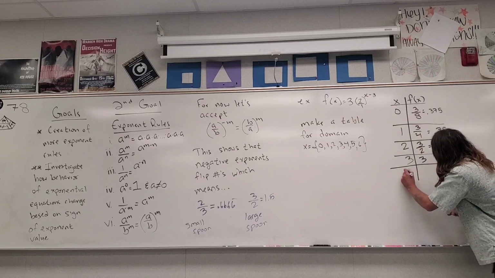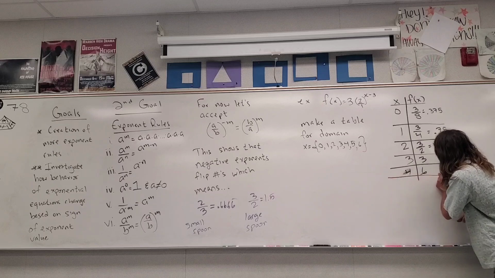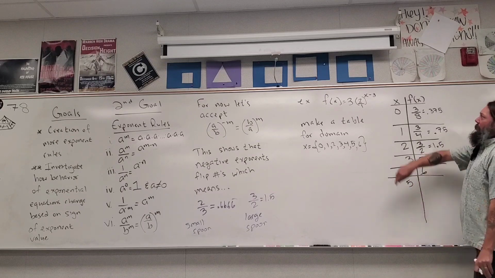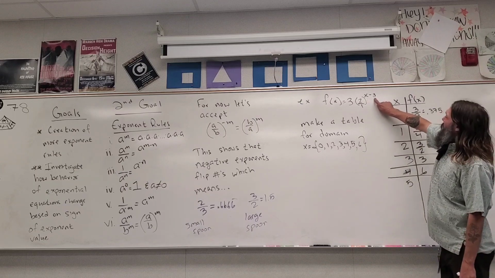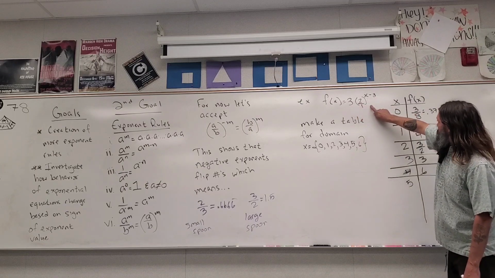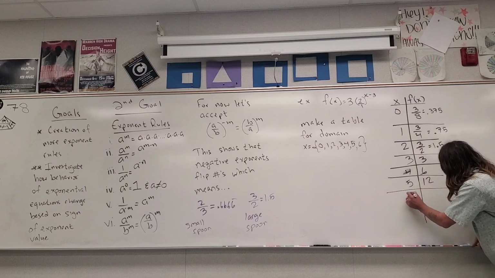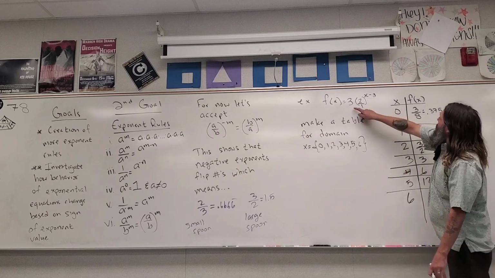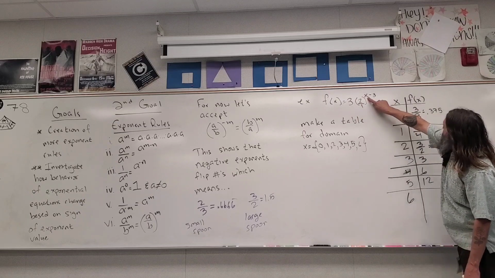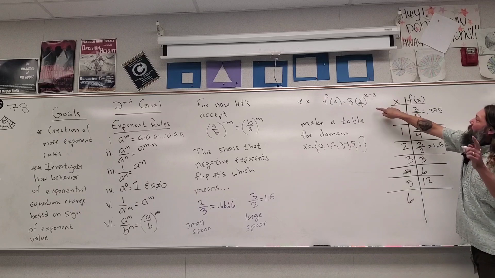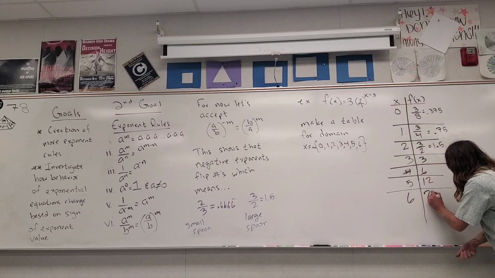If I plug in a 5, I have an exponent of 2. So this becomes 3 times 2 times 2, which becomes 12. And if I plug in a 6, I get a 3 exponent. So this becomes 3 times 2 times 2 times 2, which is going to get me to 24.